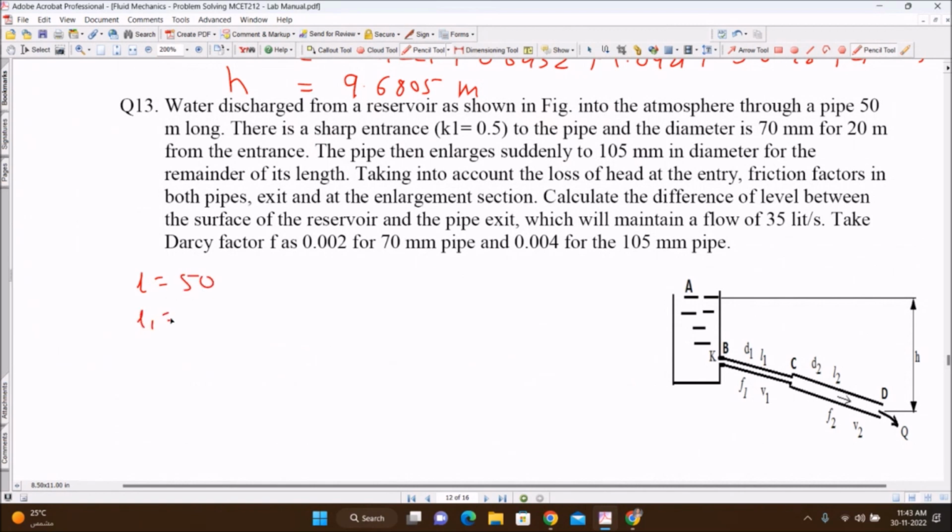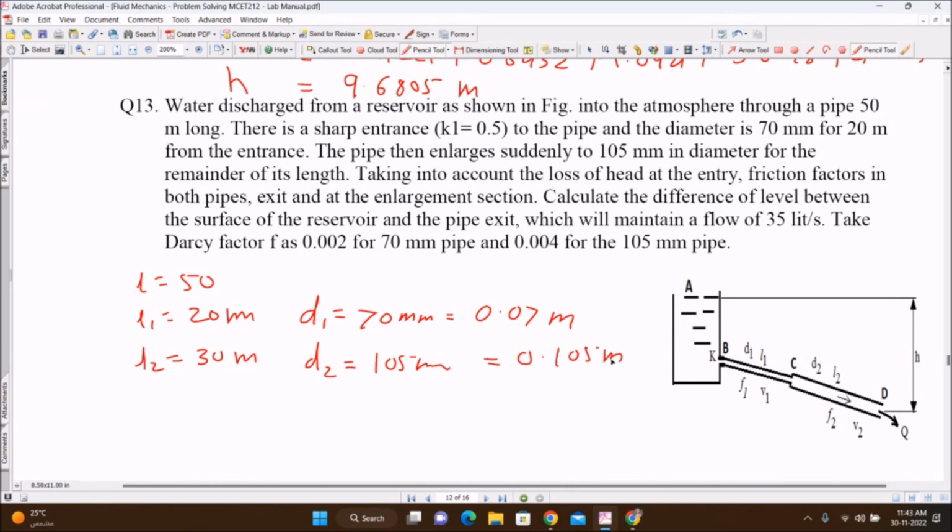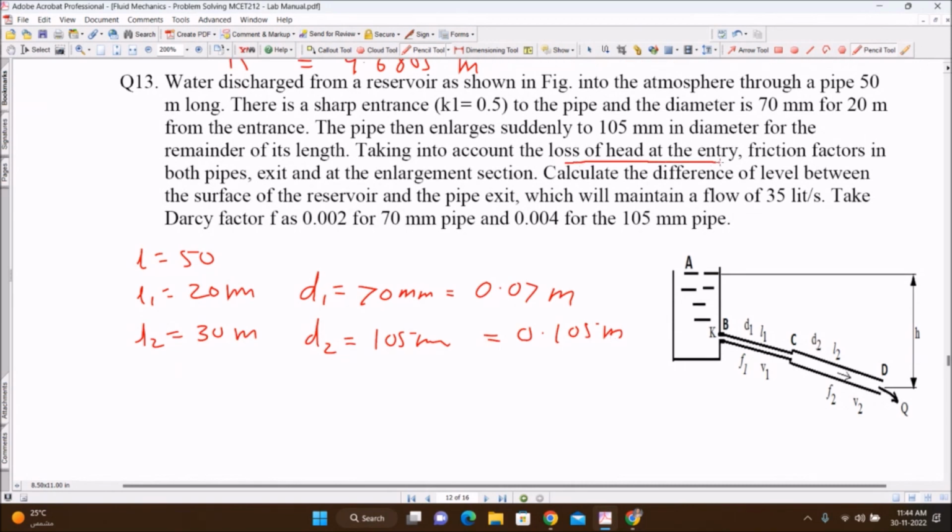So L1 is equal to 20 meter, where the diameter D1 is equal to 70 millimeter, is equal to 0.07 meter. L2 is equal to the remaining length, 30 meter. D2 is equal to 105 millimeter, is equal to 0.105 meter. Consider all losses at entry, exit, friction factor, everything.